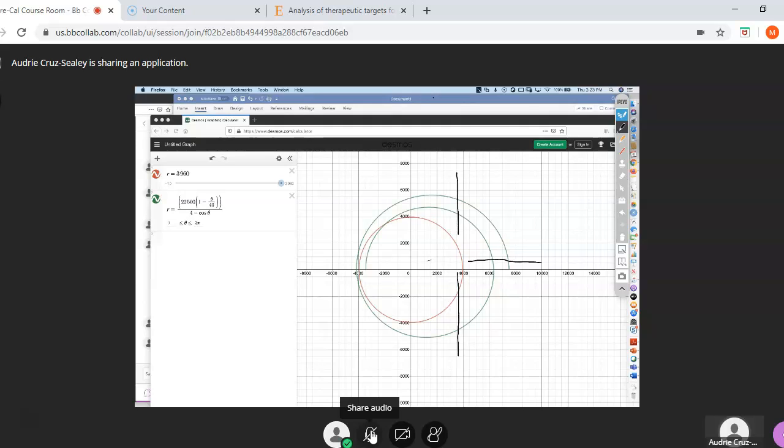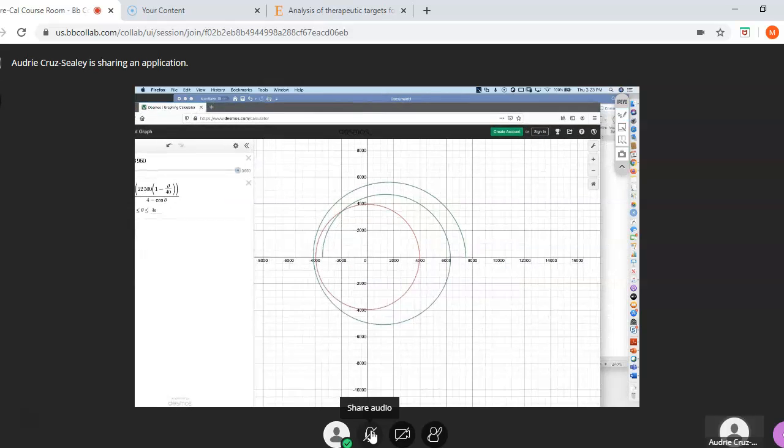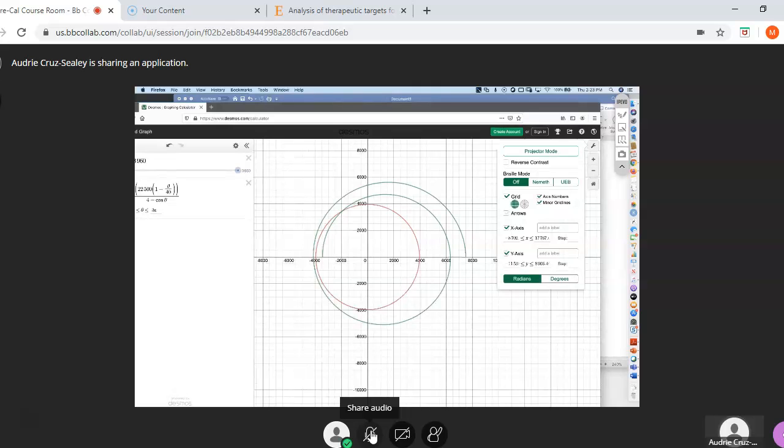Now, you want to see something so cool that Desmos does? I thought it was so cool. So here's my graph on Desmos. You can clearly see that. If you come over here and come to graph settings, this is the grid.